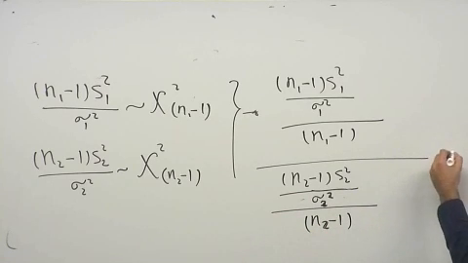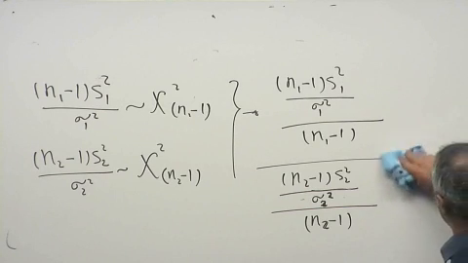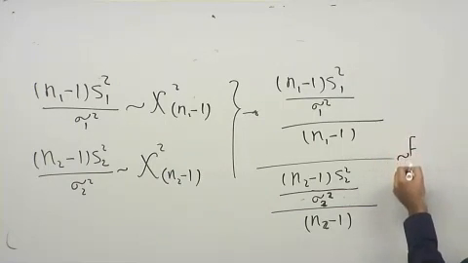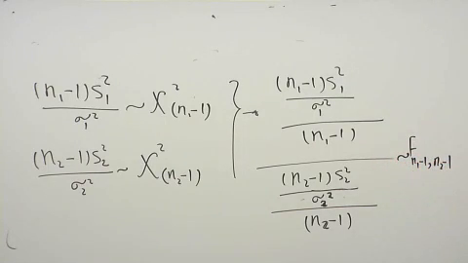I know that this is F with n1 minus 1 and n2 minus 1 degrees of freedom.